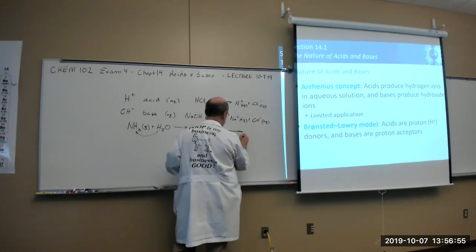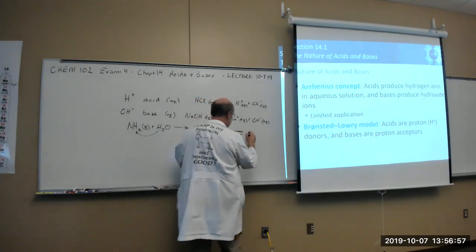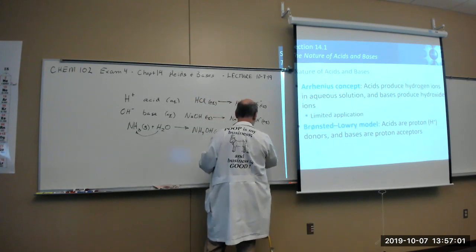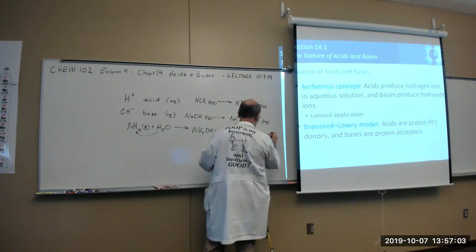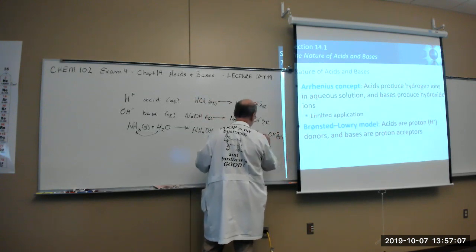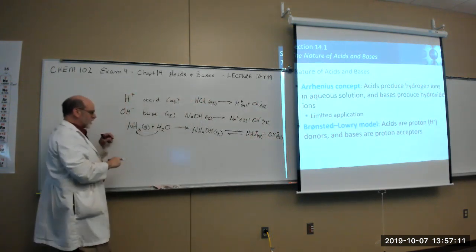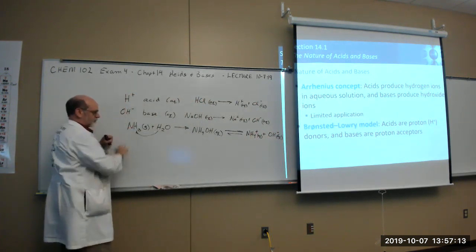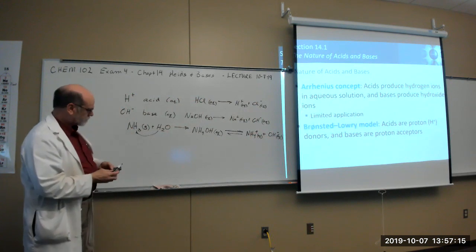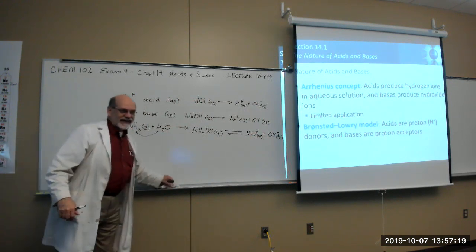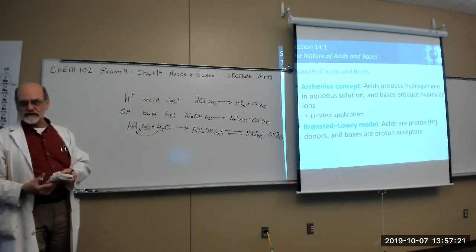And then, of course, in solution, it produces this plus this. Okay. But the reaction we're interested in is this one. Okay? So according to Bronsted-Lowry, anything that accepts a proton is a base.